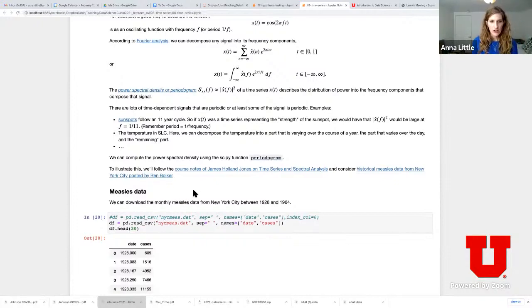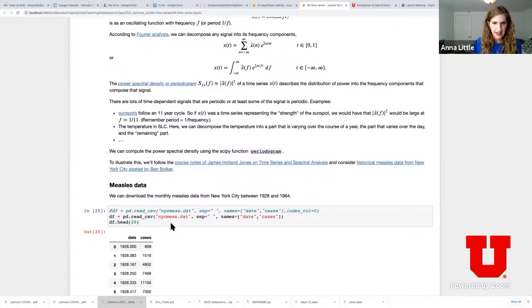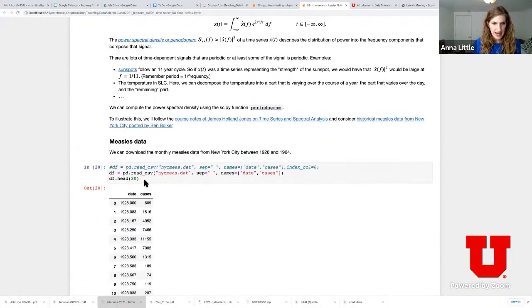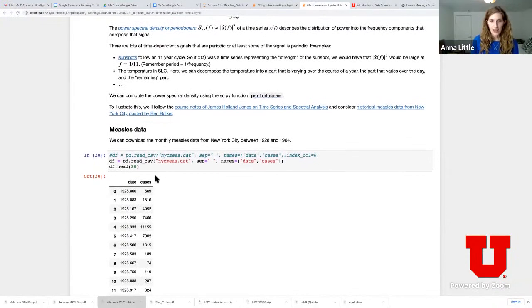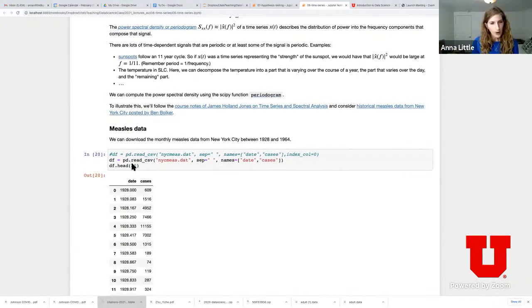Okay, and so to illustrate this, we're going to follow some course notes from James Holland Jones on time series, and we're going to look at some measles data from New York City. So first, let's read in the data. We're going to use our pandas read CSV function, which as you saw on the last homework, makes your lives a whole lot easier. And so yeah, we don't have to do a whole lot here.